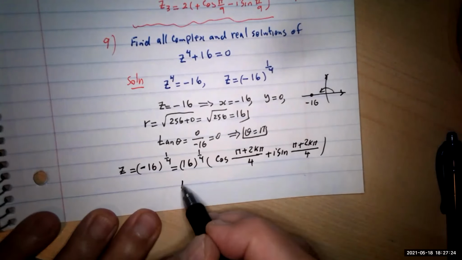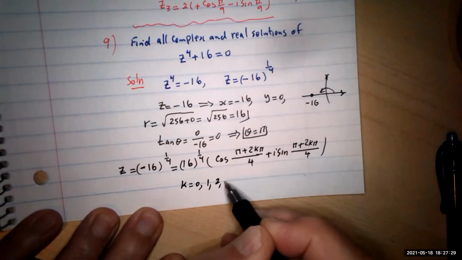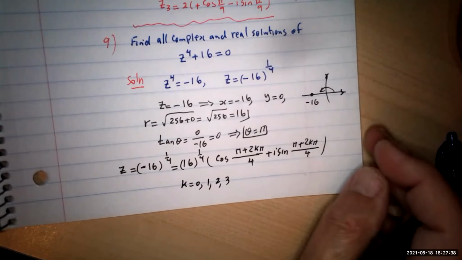Okay, and you know that you need 4 solutions. So k equal to 0, 1, 2, and 3 to get the solutions. Now you have to list the solutions. And if it's something on the table, you have to give us the numbers. Any question?